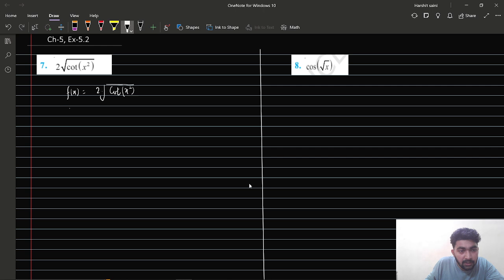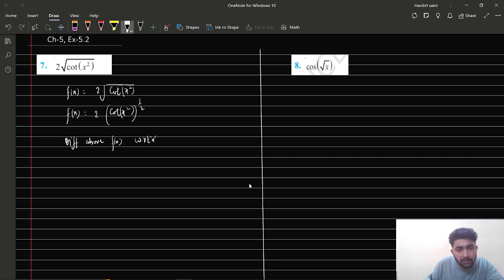Here again we need to apply the chain rule. f of x is equal to 2 cot of x square, the whole raised to the power 1 by 2. We need to differentiate this f of x with respect to x.